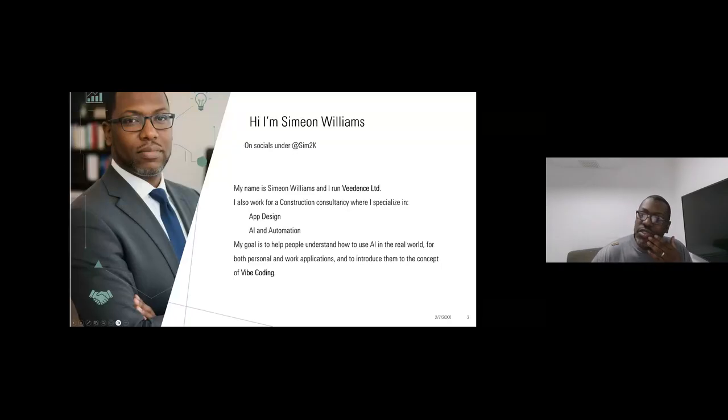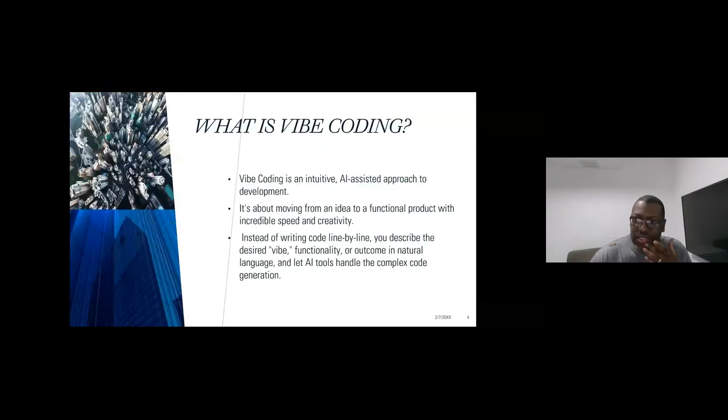So what is vibe coding? It's an intuitive AI-assisted approach to development. It's about moving away from sitting down with a blank screen and writing lines of code to actually just sitting down and typing out, I want an application that does this. I want a screen that has this on it.